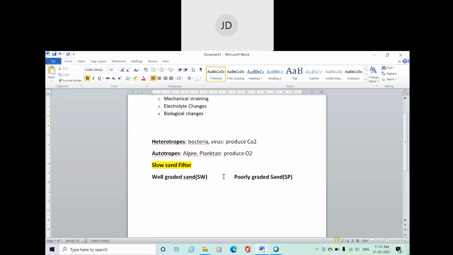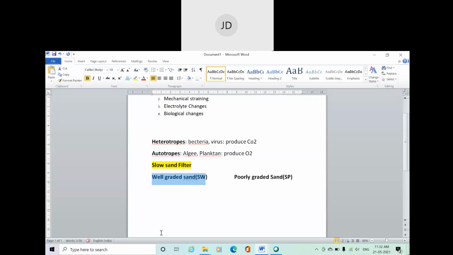I think these things were already covered in the fifth semester soil mechanics class. So from this point you can say that in a slow sand filter we have to use well graded sand since it has fewer voids, so that impurities may accumulate on the top surface, which is known as biological film.